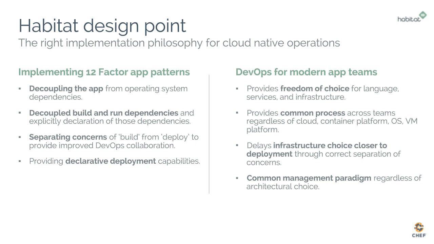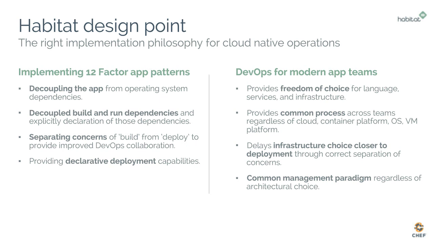Habitat seeks to complement all of your deployment mechanisms and then combine building and running your application so that whatever you're using to deploy and manage infrastructure, you have a robust, scalable solution to manage the complexity of your application and the services that it's dependent upon. We also provide declarative deployment capabilities as part of that.